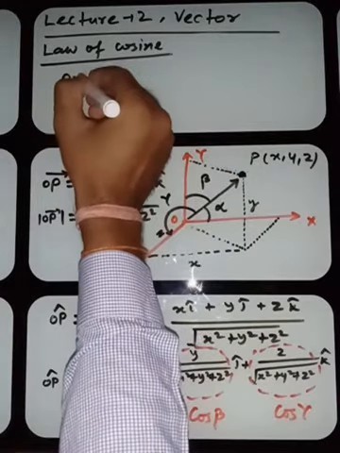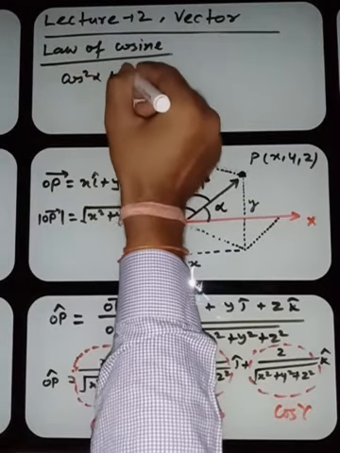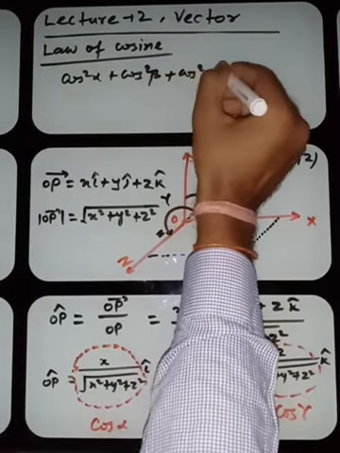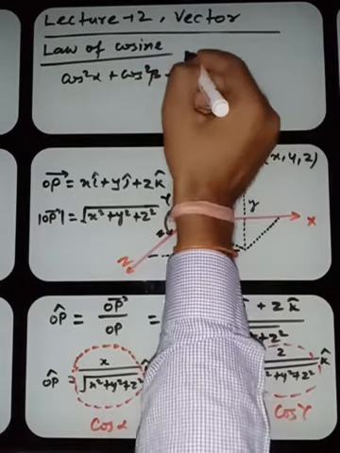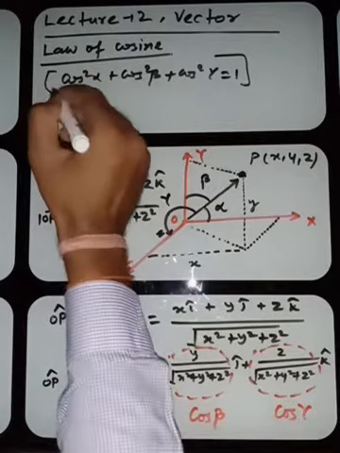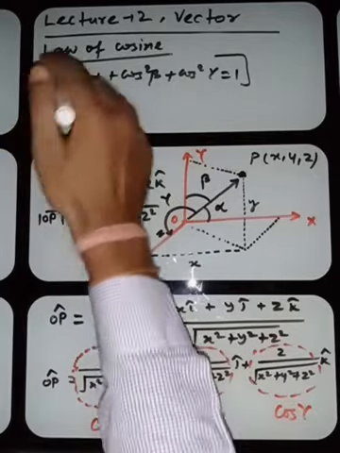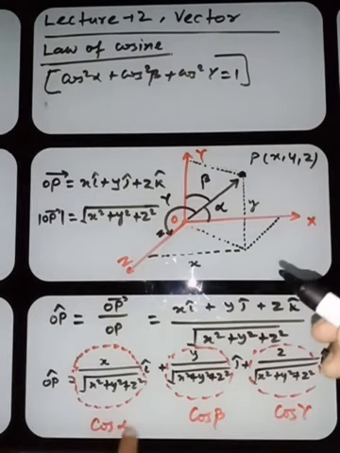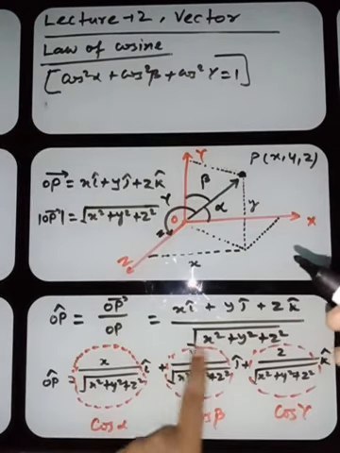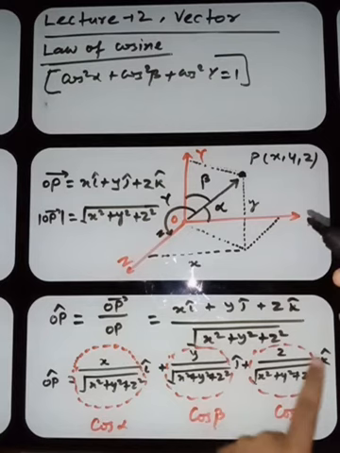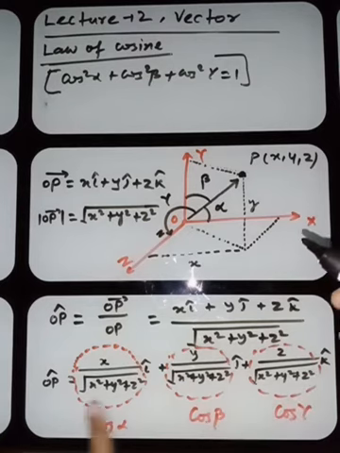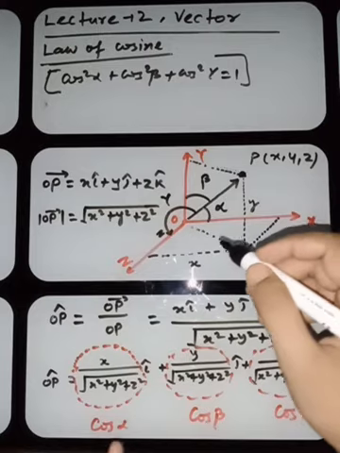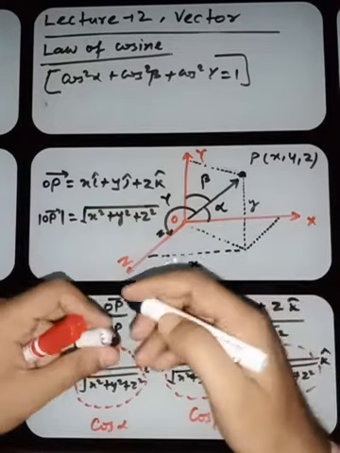That is, cos square alpha plus cos square beta plus cos square gamma equals 1. Remember this law, my dear students. I am not going to prove this law, but you can prove it. Just square each value, sum up everything, and you will get 1. This is the law of cosine.